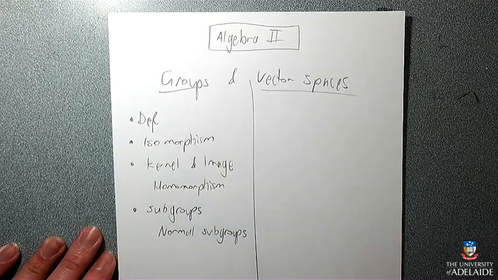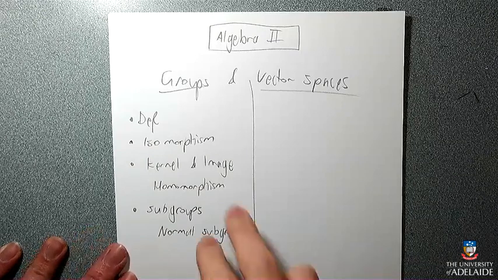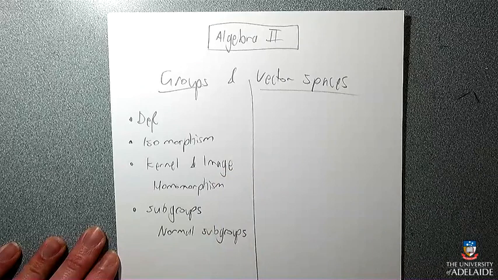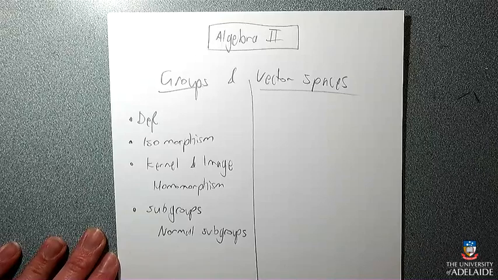And most of these things would have had some theorems to go with them. With some theorems, it'd be useful to know what those theorems were in a minute when we're up to them.